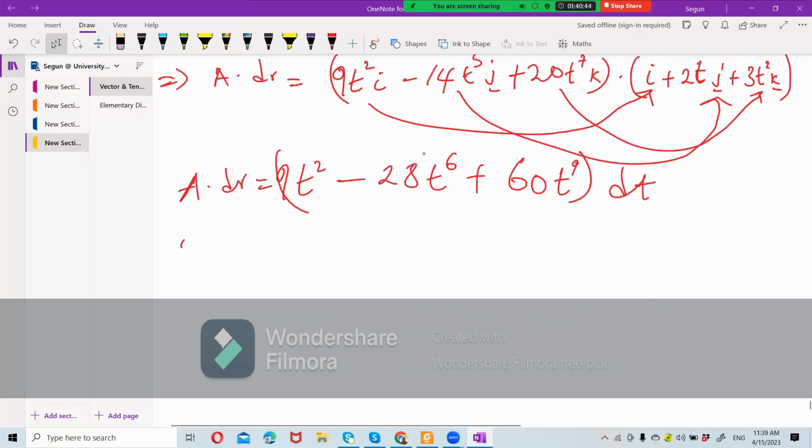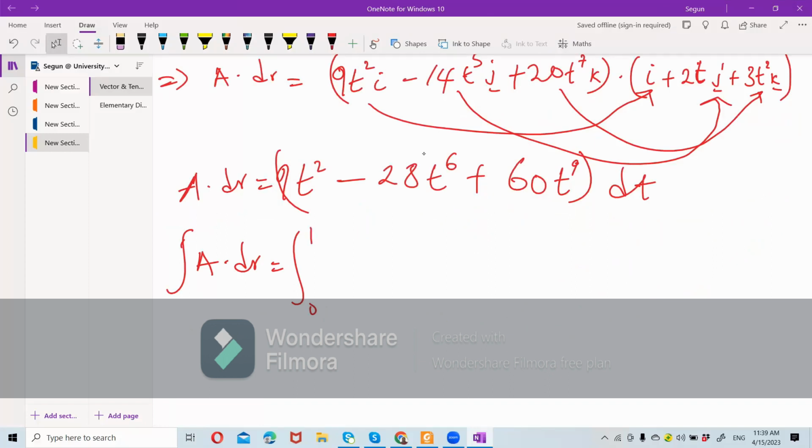So this is what they ask you to integrate. You now say the integral of A dot dR will be the integral from 0 to 1 of 9t squared minus 28t to the 6 plus 60t to the 9 dt.